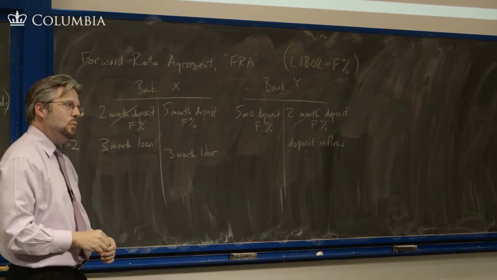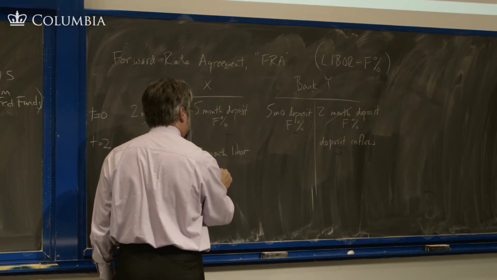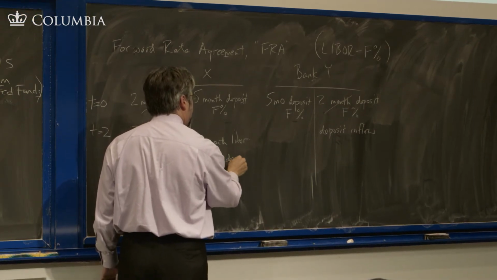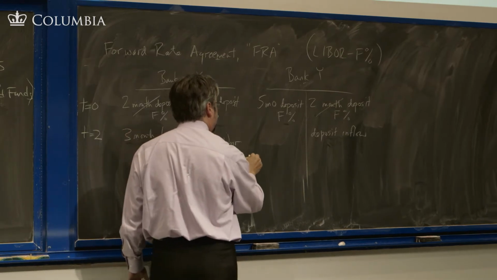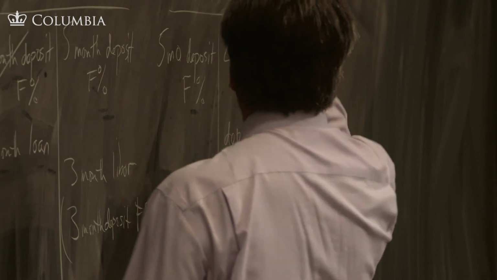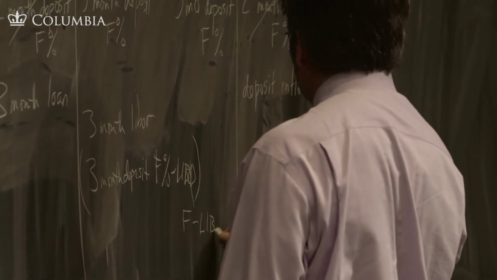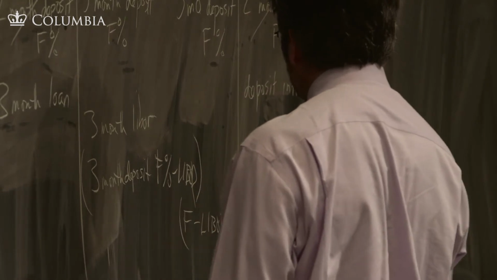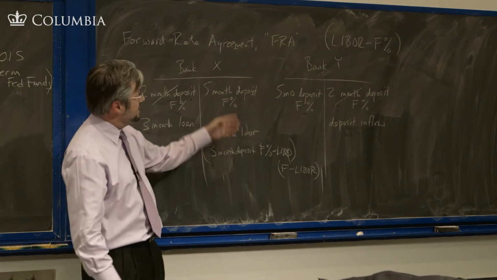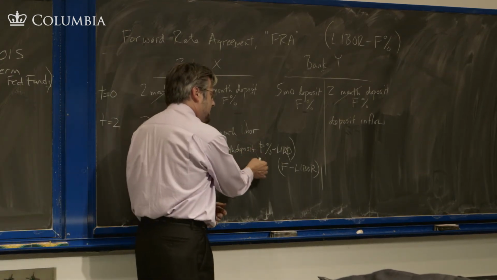And then we will act as if there's a 3-month deposit that pays F minus LIBOR between you and me. F minus LIBOR. And similarly here, Bank Y has that deposit, F minus LIBOR, here.